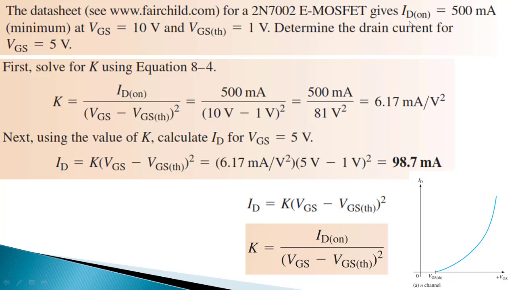All the data is given in the problem, so directly we substitute. First we calculate the K value, 6.17, and then the ID value, K into VGS minus threshold. So VGS value is 10 and the VGS threshold is 1 volt. We substitute in this, and we get the ID value, 98.7 milliamps. These two expressions we already discussed in the biasing part or characteristics part.